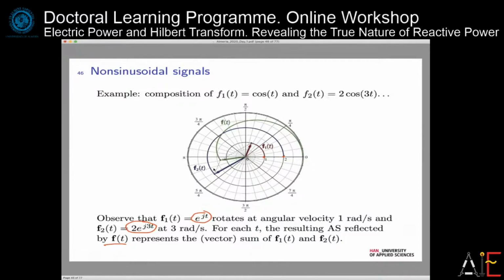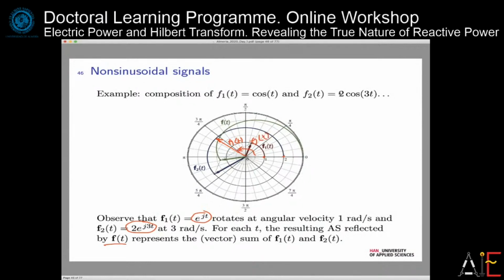So that is what the analytical signal is representing, and what you see is that at each moment in time, I have a certain amplitude over here. This amplitude is changing in time, and also this angle, call it theta, is also changing in time.